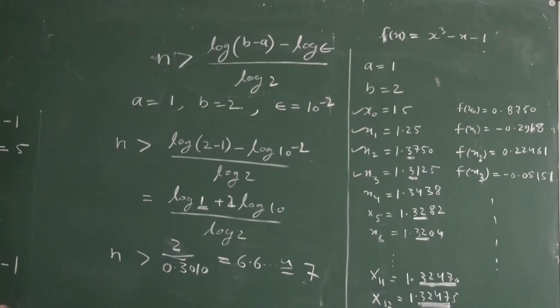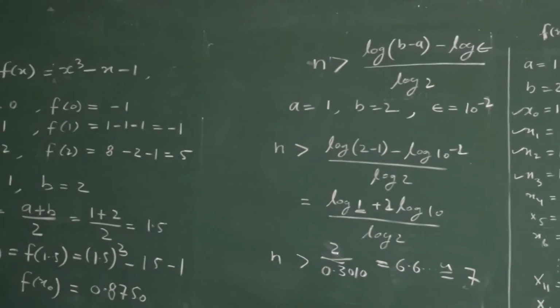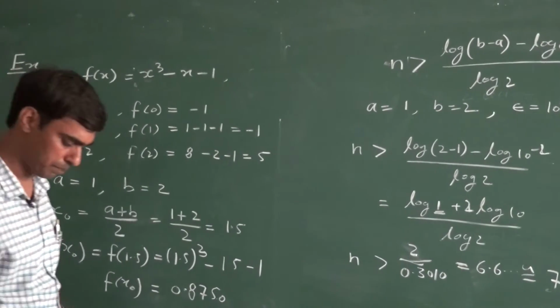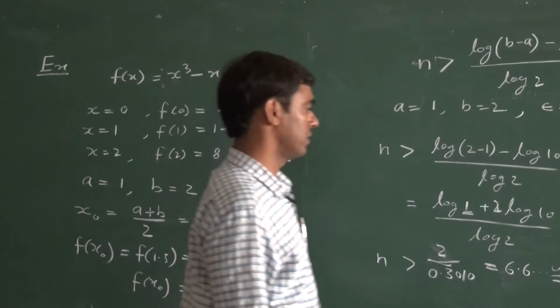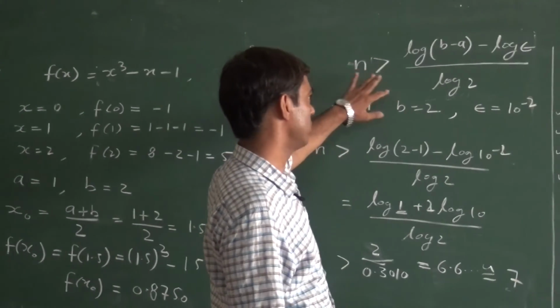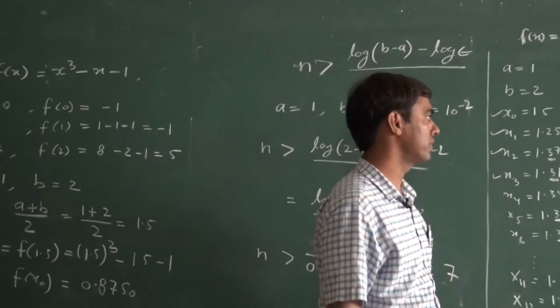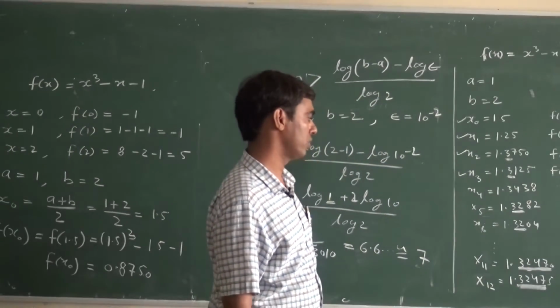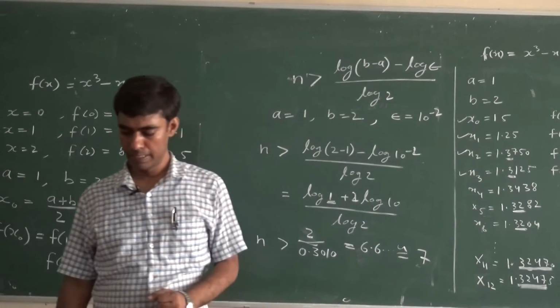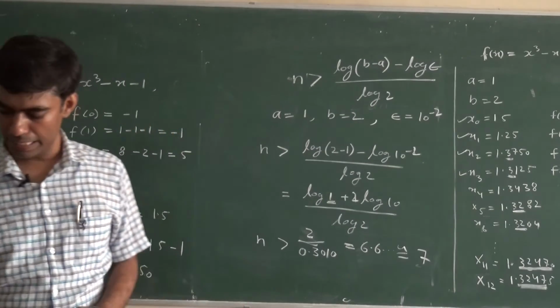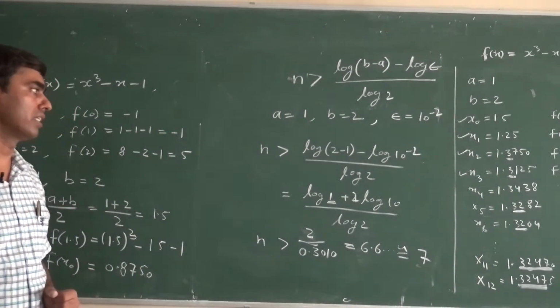So this is an example of how we solve an algebraic equation with the help of the bisection method. We find the values of a and b, we find the value of n, then we perform the iterations according to the algorithm and find the solution of any algebraic or transcendental equation.